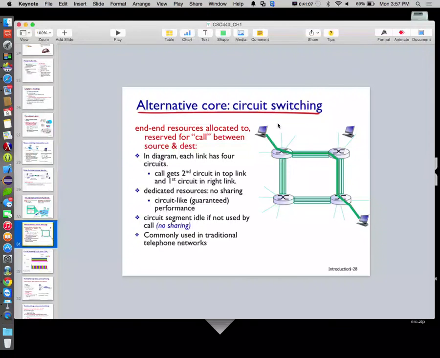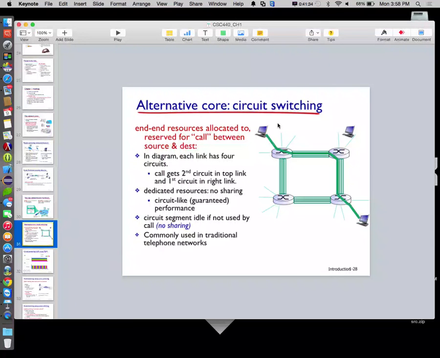So that would be the type of problem on the smaller scale that might lend itself to a circuit switch network. Reality today, our cell networks are somewhat of a hybrid. A lot of them use some voice over IP that takes advantage of the benefits of packet switching while still acting like a voice network.